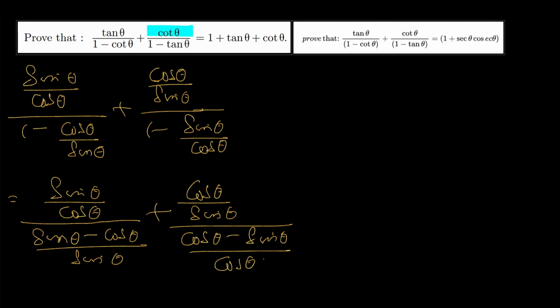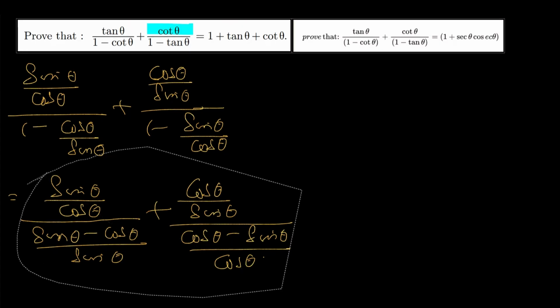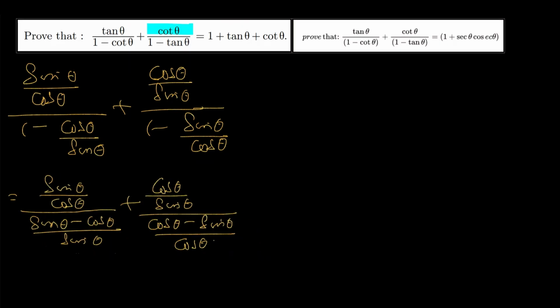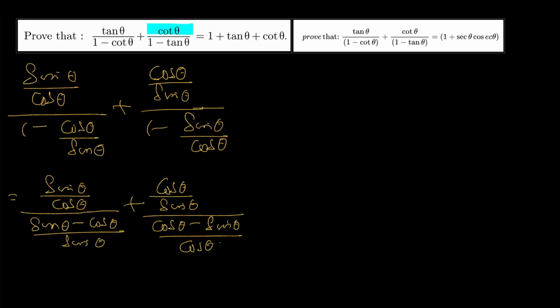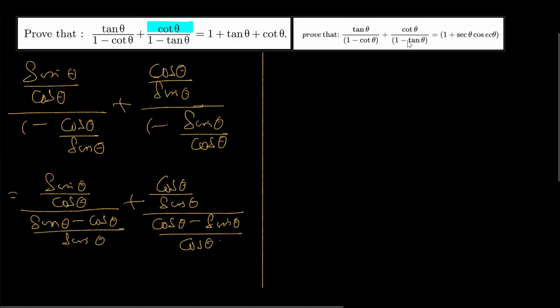Now what next? We will be reciprocating this, right, in order to simplify. So let's do it on the other side. The numerator over here is sine theta over cos theta. And as I said, dividing by this is the same as multiplying with the reciprocal.